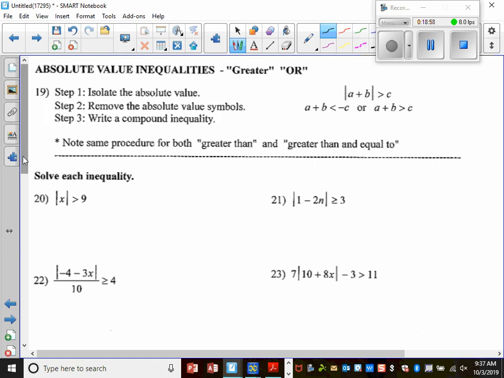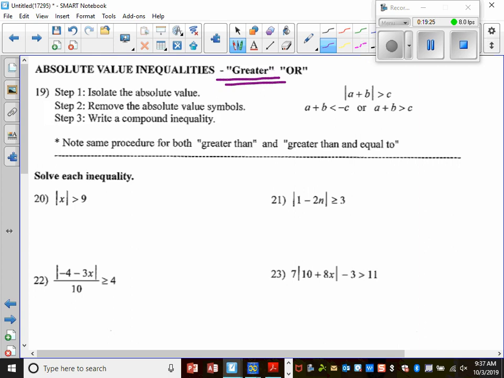So let's go ahead and let's start with 21 first. So again, bars are already isolated. So we're just going to go ahead and separate these. But again, please pay attention, because on your test, you're going to have to look at your symbols to determine whether it's a greater than or less than and.